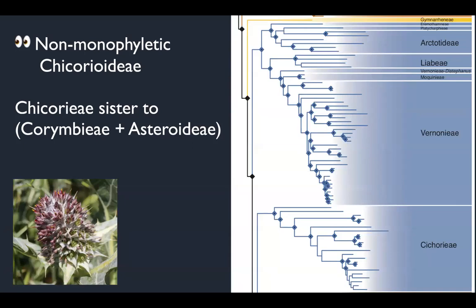Also, the Chicorioideae, as I mentioned, remained non-monophyletic even after adding lots of taxa to the tribes in that group. We covered all the tribes in the Chicorioideae, and we found that Cichorieae is sister to Corymbium and the rest of the Asteroideae. And so that has some bearing on the classification of the family.